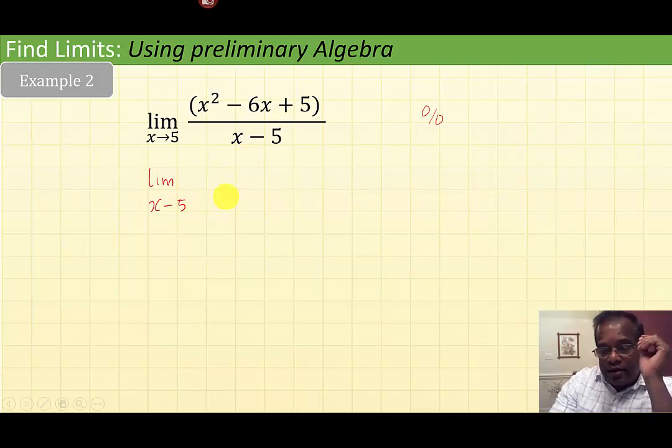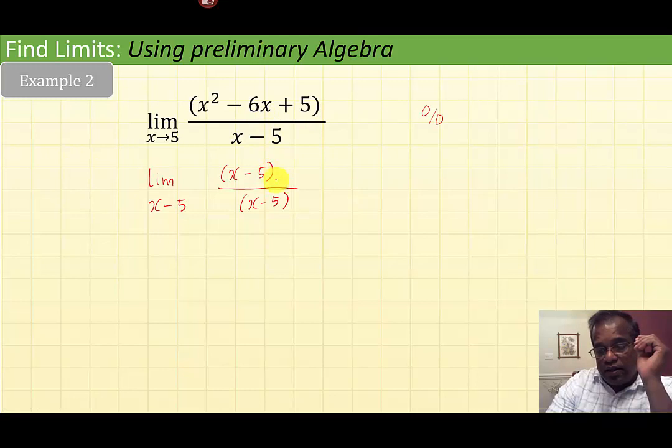Now the denominator has x minus 5. So if we can simplify this, the only way is if we have x minus 5 as a factor in the numerator. Now for the factors of this quadratic expression, we need to find the factors of 5 which add up to negative 6.